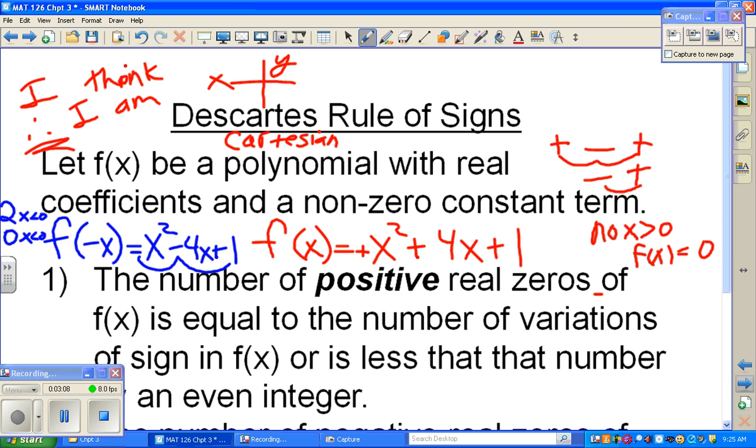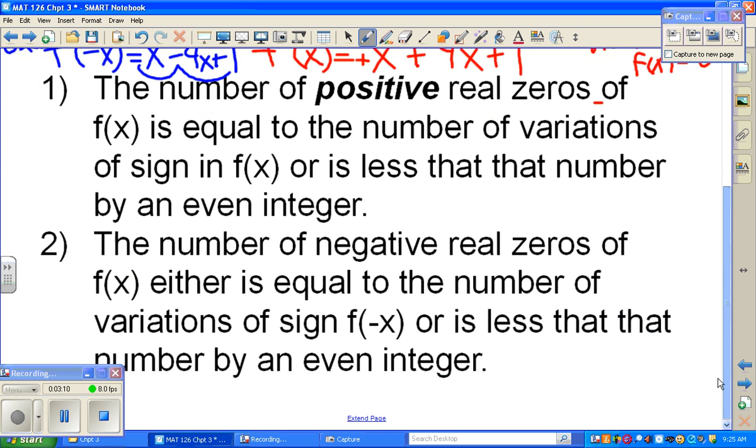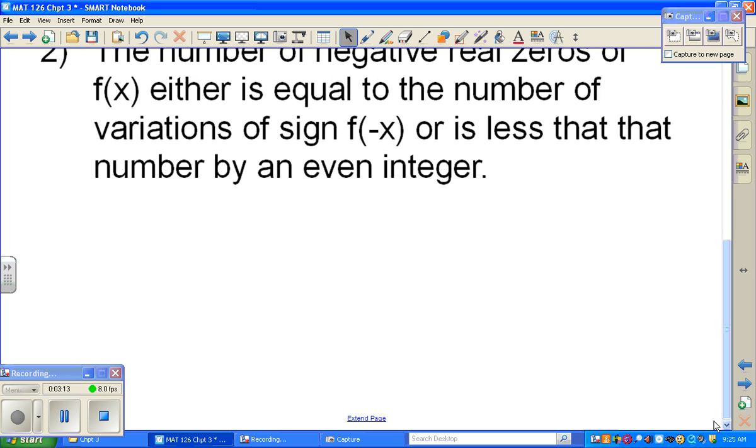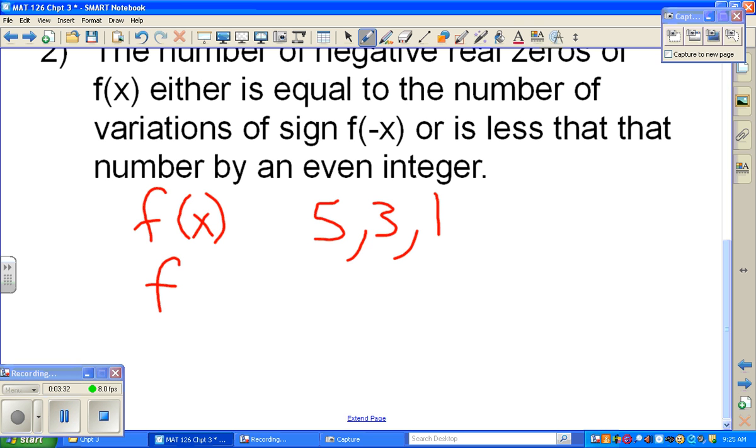For instance, if you have 5 sign changes for the positive x's, you could have 5 positive zeros, 3 positive zeros, or 1 positive zero. If you have f of negative x and you have 6 sign changes, you could have 6, 4, and so on. You have to account for all the possibilities down to nothing.